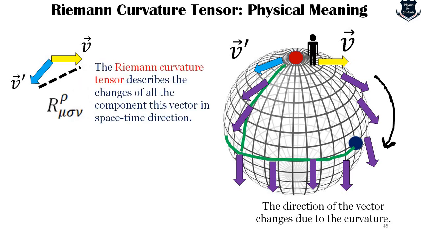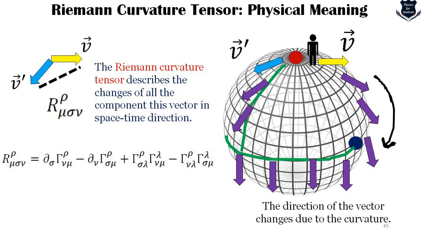So the Riemann curvature tensor essentially, in very simple language, describes the change of all the components of this vector in space-time direction. Now, if you have seen my earlier video, in curved space the basis of the vectors changes, and that is how the Riemann curvature tensor evolves. Now, if I take the equation again, this part which I marked in red is actually what points to this.